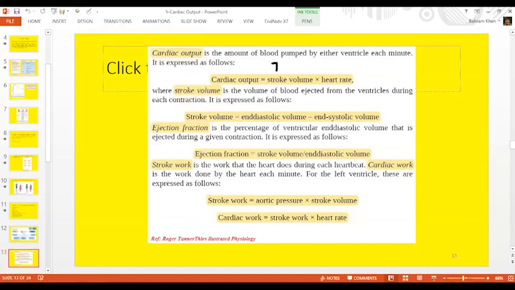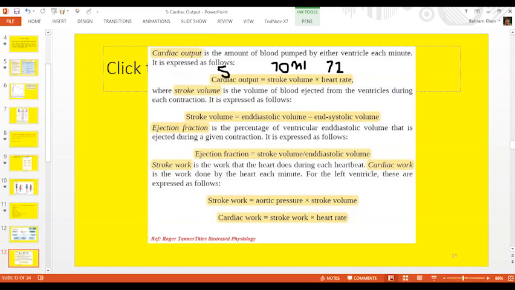Stroke volume is around 70 milliliters, and heart rate is around 72. If you multiply 70 milliliters by 72, this will give you 5 liters of cardiac output, 5000 milliliters or 5 liters.